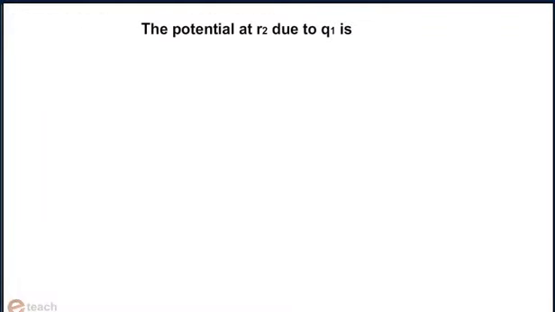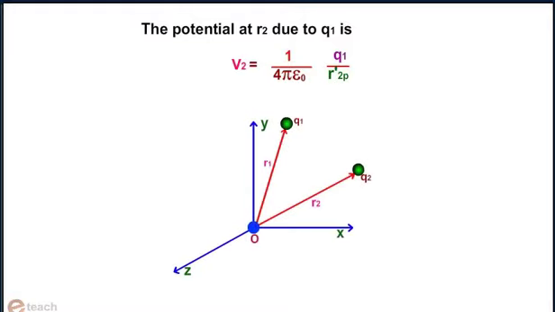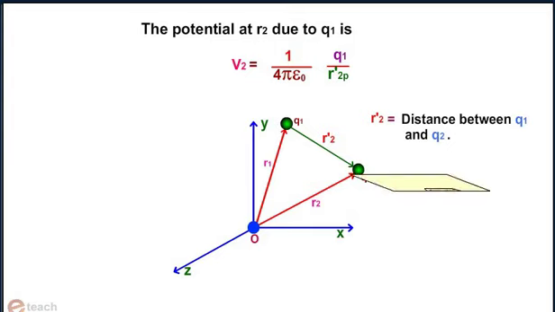Then some work is required to be done against the electrostatic force due to q1. Hence, the potential at r2 due to q1 is V2 equals 1 by 4 pi epsilon naught q1 divided by r'2p, where r'2p is the distance between q1 and q2.